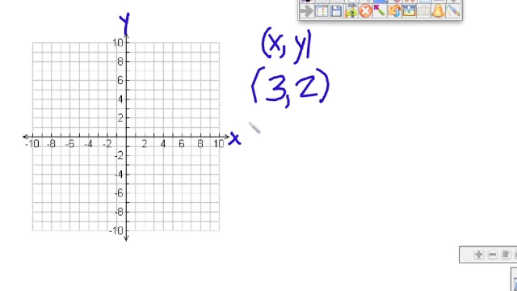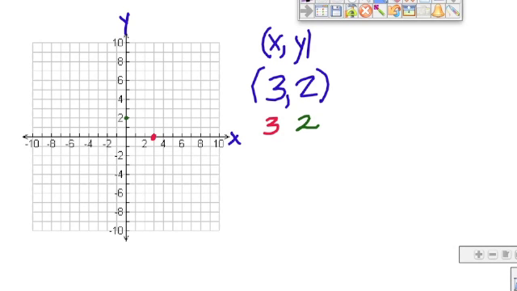So I'm actually going to use 3 as my x in red, and my 2 will be green, which is y. So the first thing I'm going to do is go over on my x line over to 3. It's right about there. I'm not putting my dot there, I'm just showing you where it's located. And then I'm going to go to my y line, and I'm going to go up to 2, which is here.